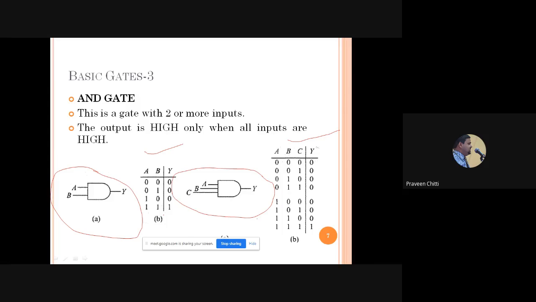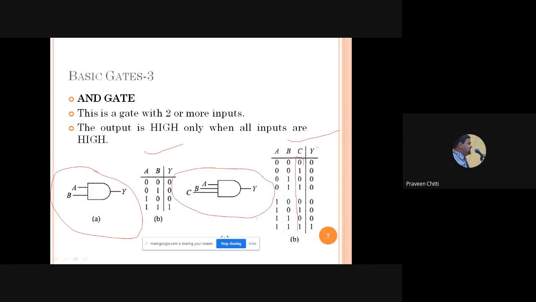1. Is that clear? Similarly, with 3 inputs, how many input combinations are we going to get? 8, because 2 to the power 3 equals 8. What are those 8 combinations? From 0 0 0 to 1 1 1. Here C we call the LSB, and A is the MSB. The LSB changes at every interval: 0, 1, 0, 1, 0, 1, 0, 1.